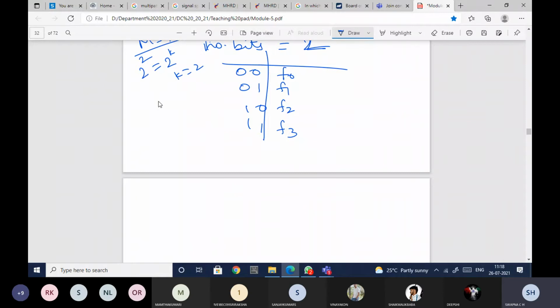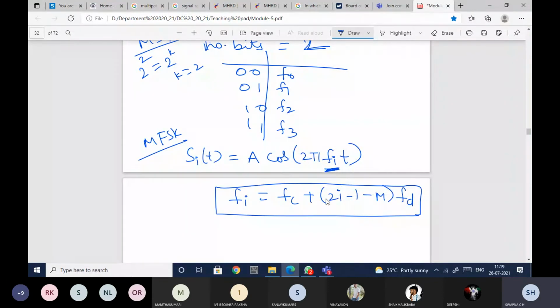So that is given by Fc plus (2i minus 1 minus M) into Fd. So what is Fc? Fc is nothing but the center frequency of the transmitted bit.